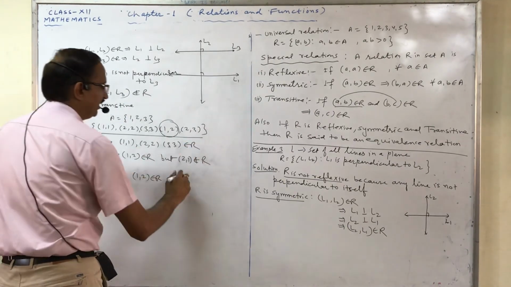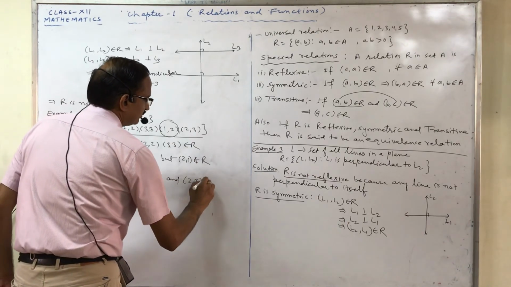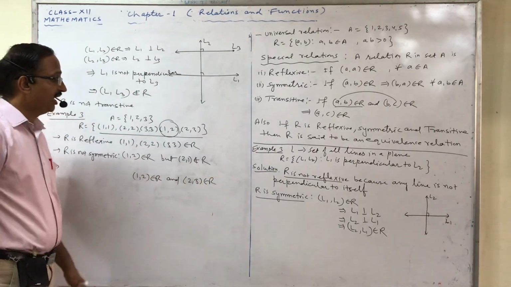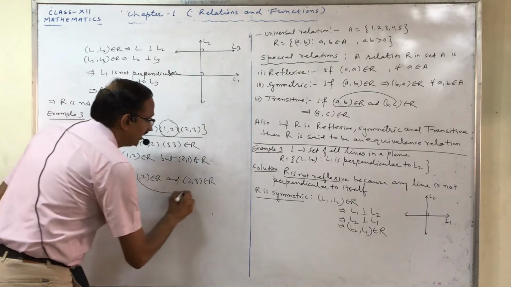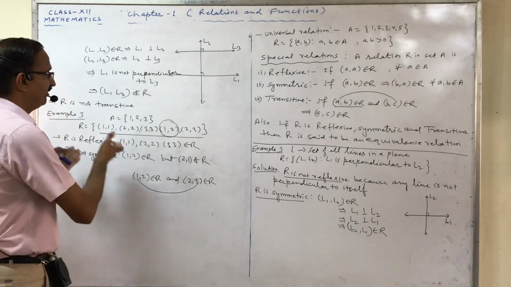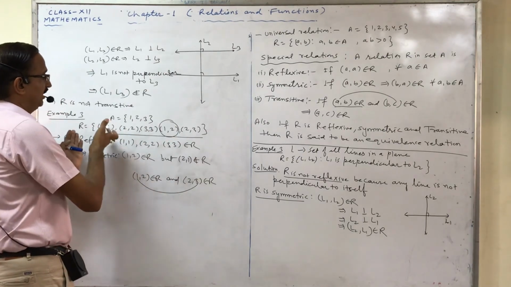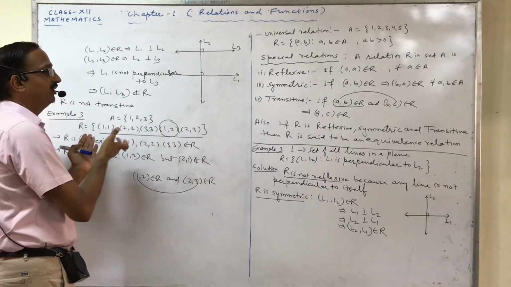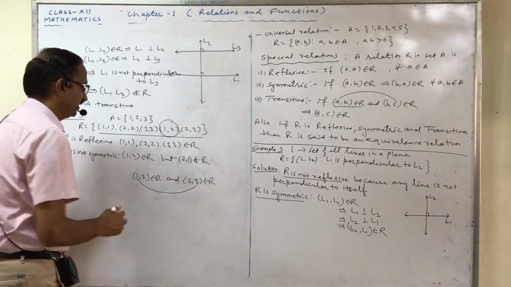So 2 is related to 3. Means (2, 3) belongs to R. Now check (1, 3) whether 1 is related to 3 or not. Since (1, 3) is not given in the relation, the ordered pair is not in the relation.